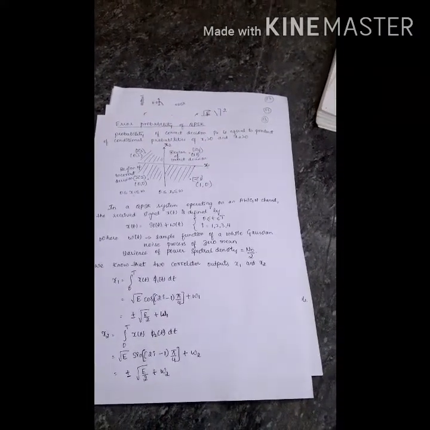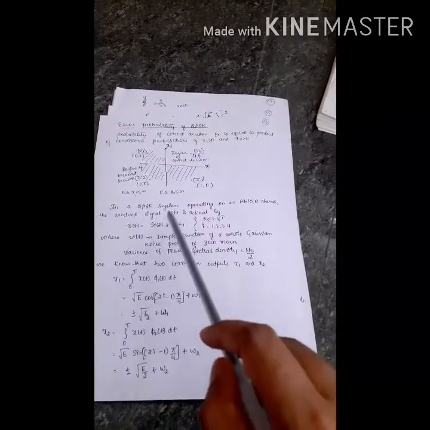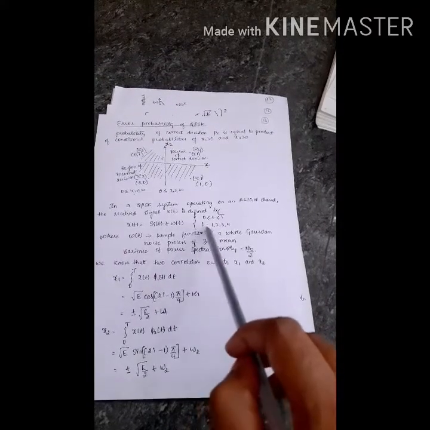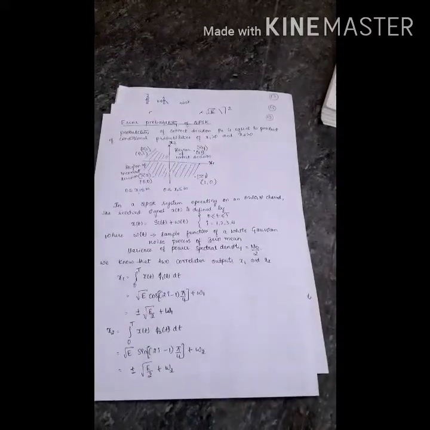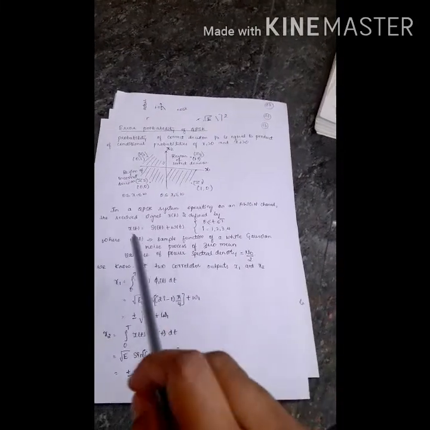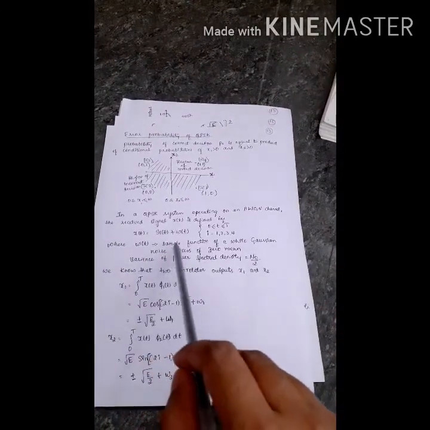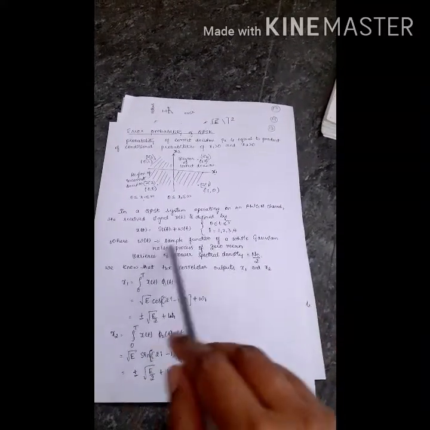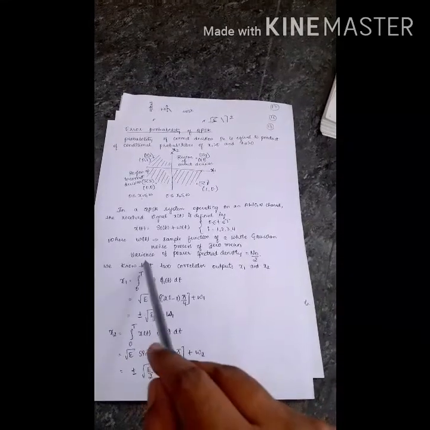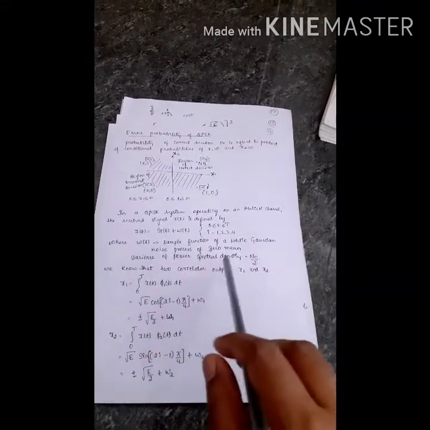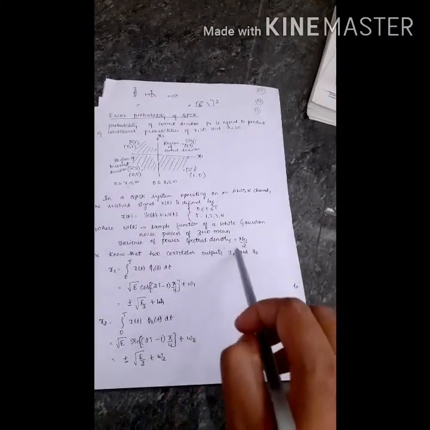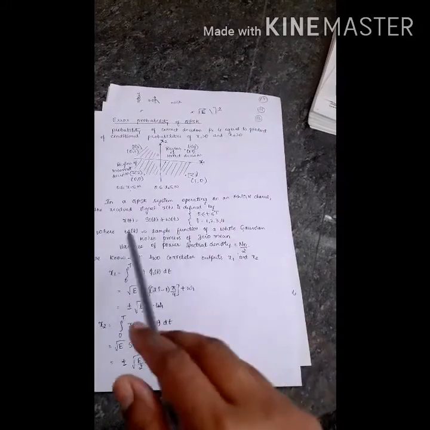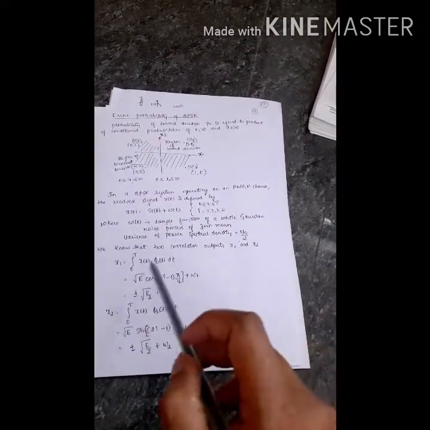So x(t) = si(t) + w(t), where t varies between 0 to T and i is equal to 1, 2, 3, 4, because we are using four carrier phases. W(t) is the sample function of a white Gaussian noise process of zero mean, with power spectral density equal to N0 by 2. This is standard. So here we are using two correlators.